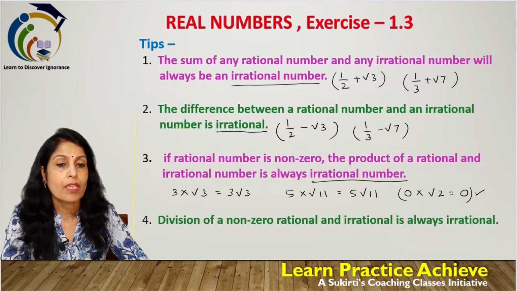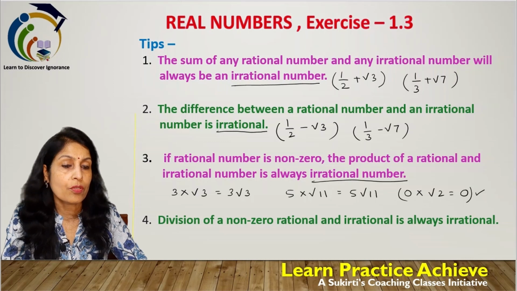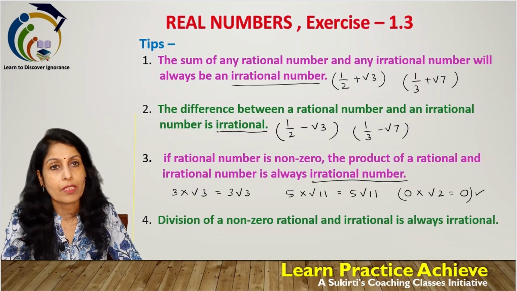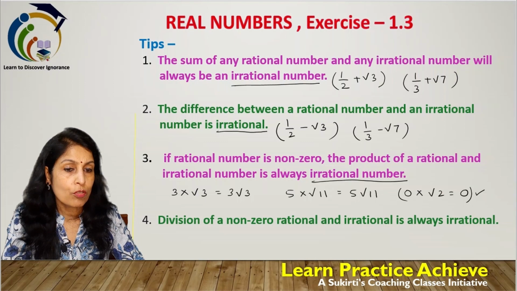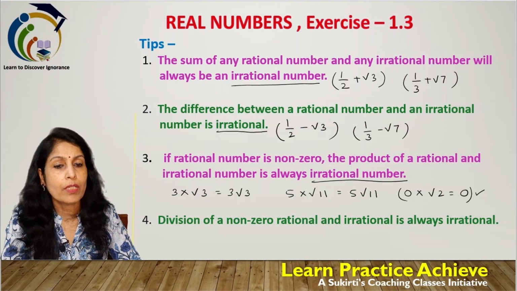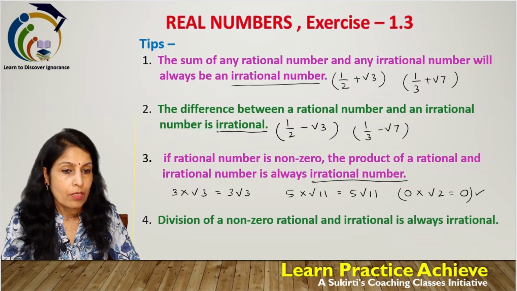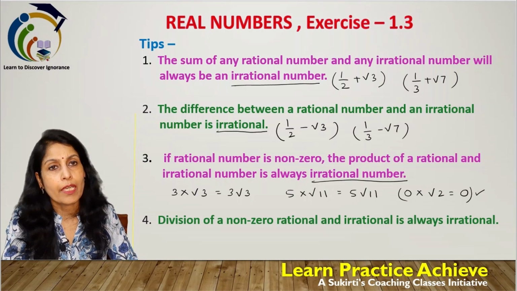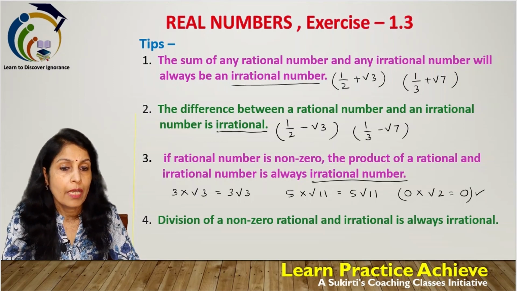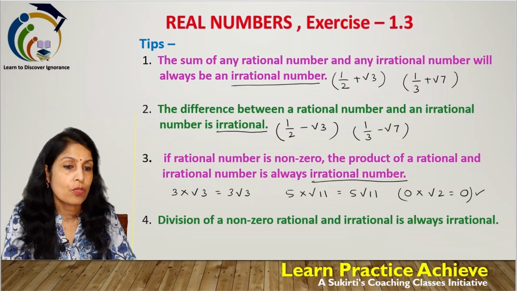Okay. Now next, the division of a non-zero rational and an irrational number is always irrational. Again, here also we are taking non-zero, because if we divide by zero, we will not get any result. So we take any counting number and divide a non-zero rational number and an irrational number.